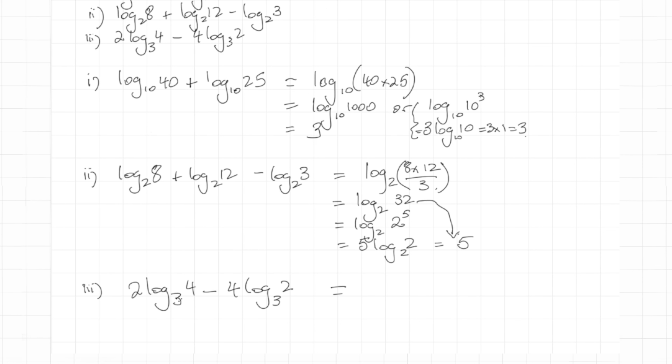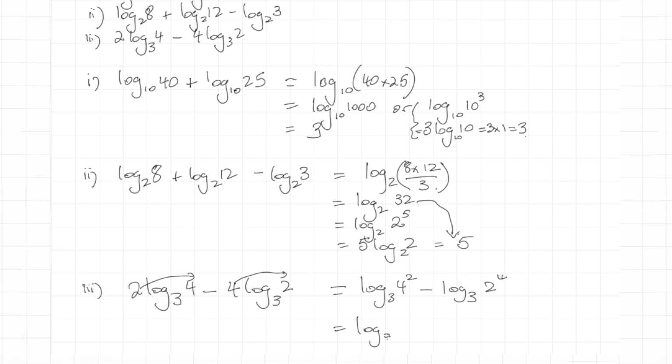We can work this one backwards, and we can say that that's log to base 3 of 4 to the power of 2 minus log to base 3 of 2 to the power of 4. So that 2 can go up to there, and this 4 can go up as that power there. Subtracting, so we are dividing the numbers.